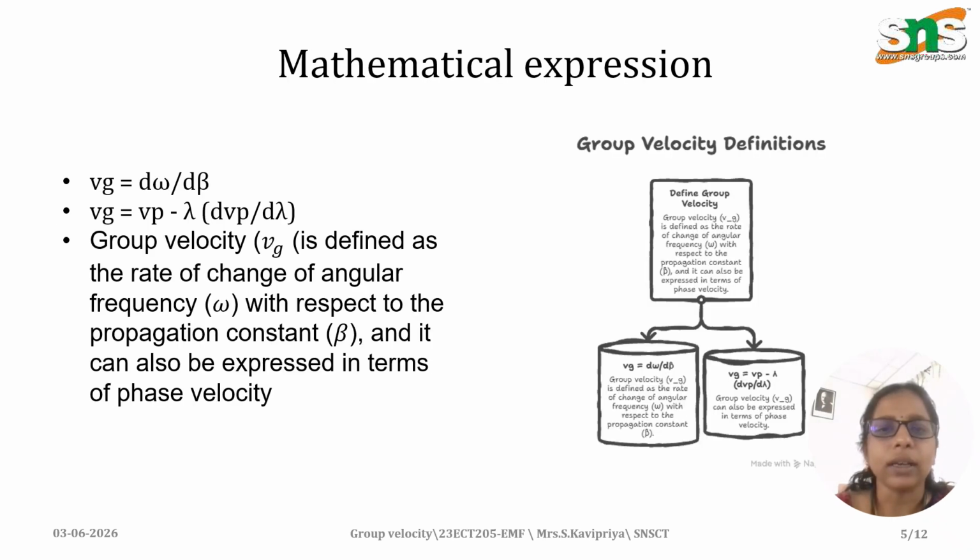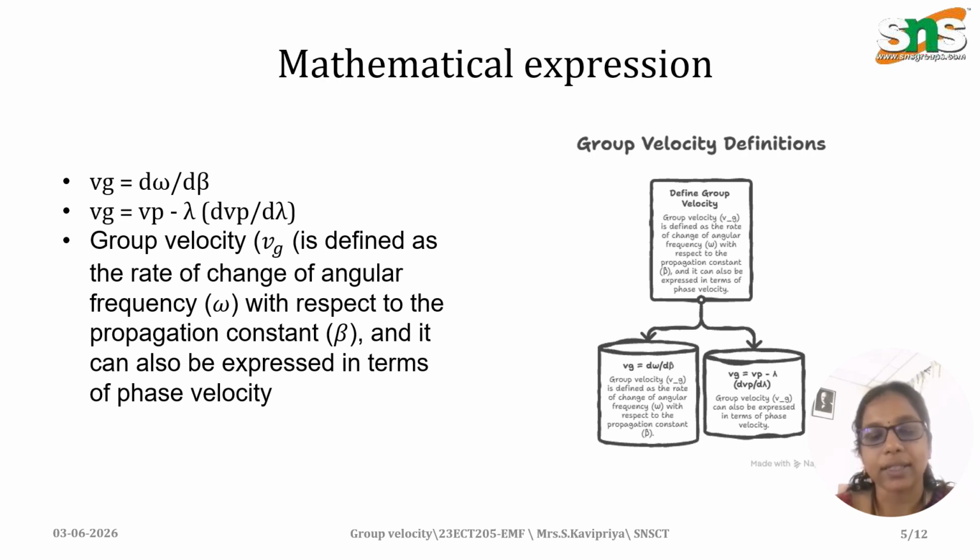And next is the relationship between Vp and Vg, and before that, the expression for Vg with respect to Vp. Initially we have the expression for Vg, which is d omega by d beta. So what is the expression for Vg in terms of Vp? Vg is equal to Vp minus lambda into dVp by d lambda, where lambda is the wavelength.